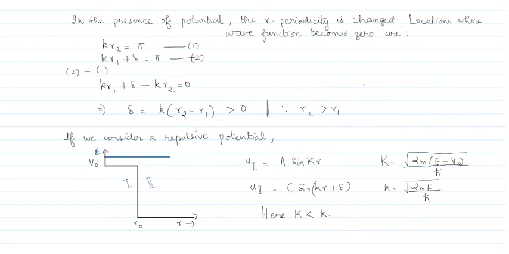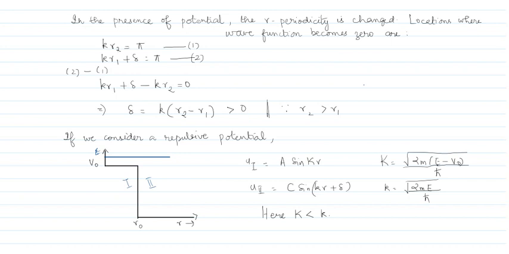So my kR1 plus delta becomes pi. That is the location where that curve goes through a 0. Now you subtract these two relations and you obtain an expression for delta. You get delta as k times R2 minus R1. But since R2 is greater than R1, this value of delta is positive.